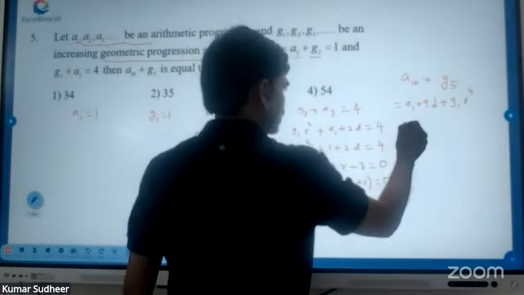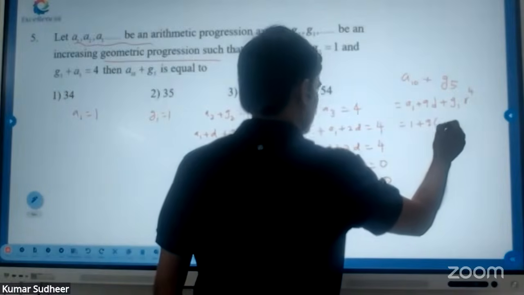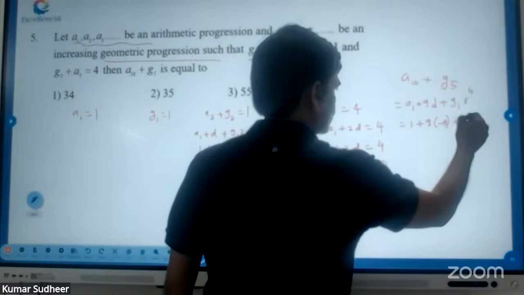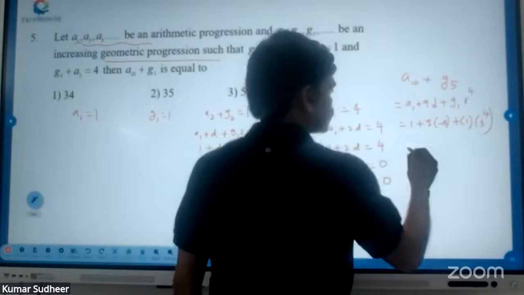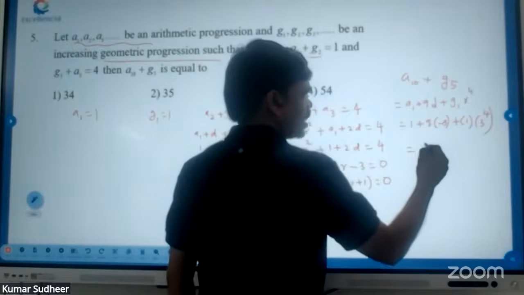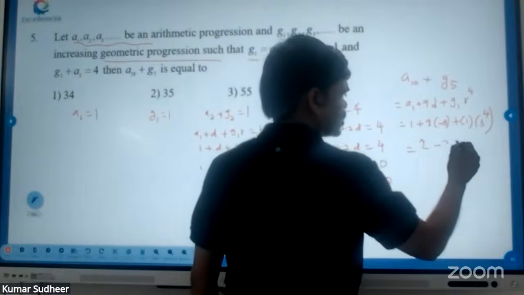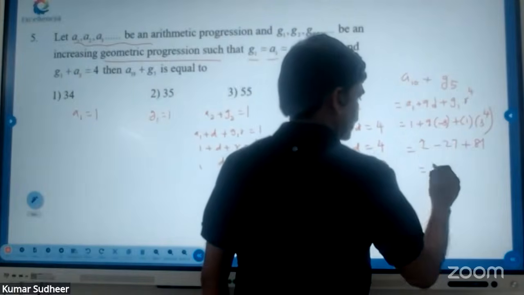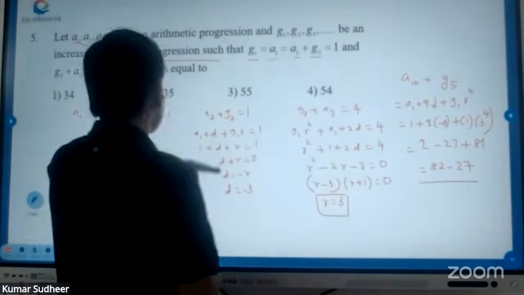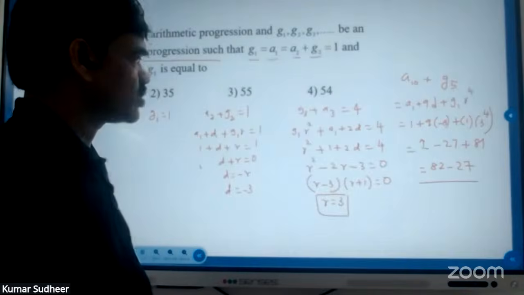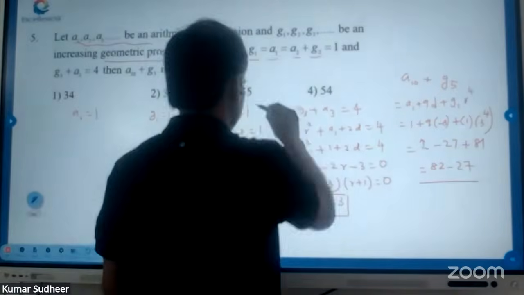So A1 value is 1, plus 9 into D value minus 3, plus G1 value is 1, R value is 3, 3 power 4. So it is nothing but 1 minus 27 plus 81. 82 minus 27 is 55. That is the value of the question. So the answer is 55.